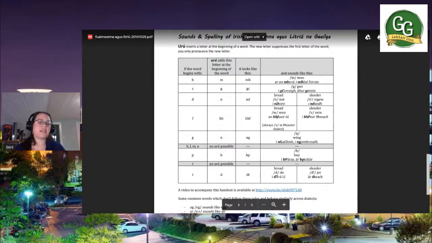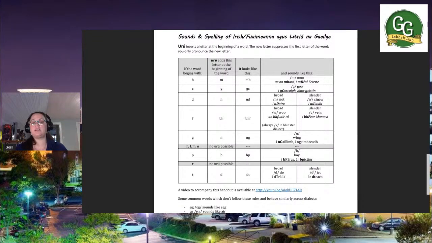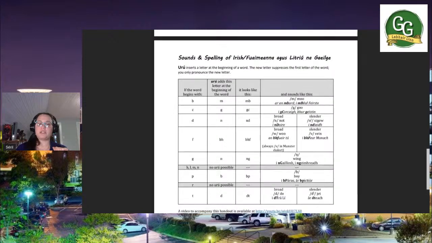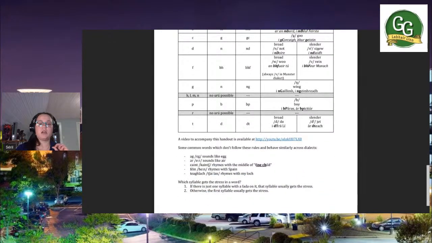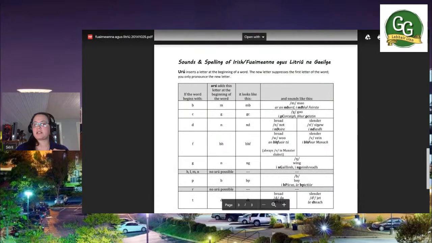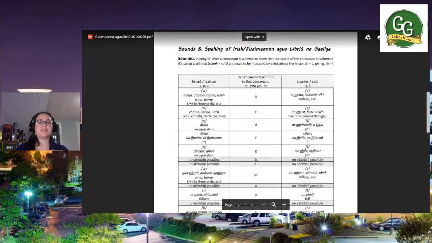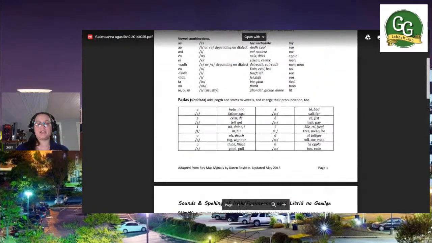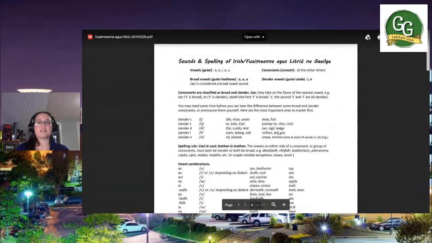So B will always get an M, C will always get a G, D will always get an N, and so forth. So I just wanted to introduce you all to that. And you can definitely look it over in the notes. We haven't gotten to that in our lesson yet, but at least it'll be in your mind until then. So that's the pronunciations there.